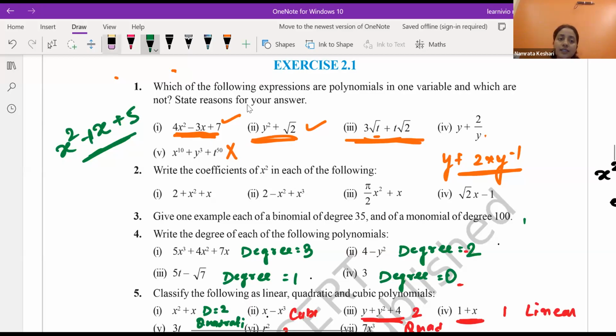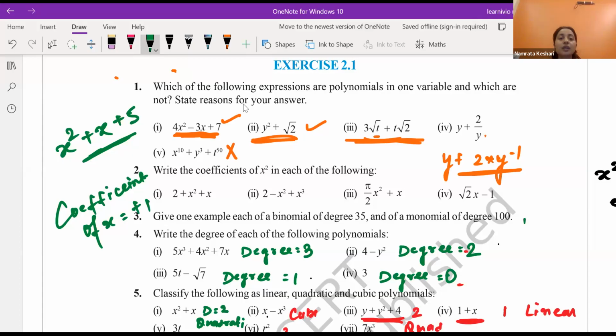If suppose plus x is there and I'm asking what is the coefficient of x, so we will write plus 1. If you can't see anything, the coefficient is 1. You just have to be specific with the sign, plus 1 or minus 1, so you're not getting confused, right?